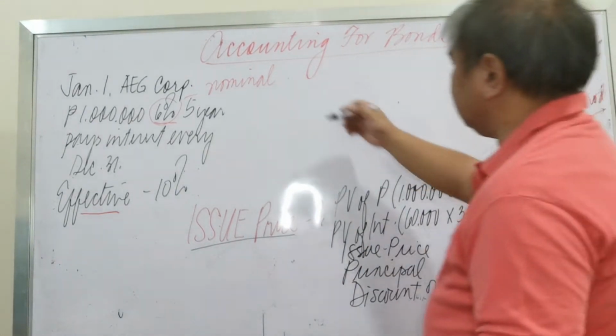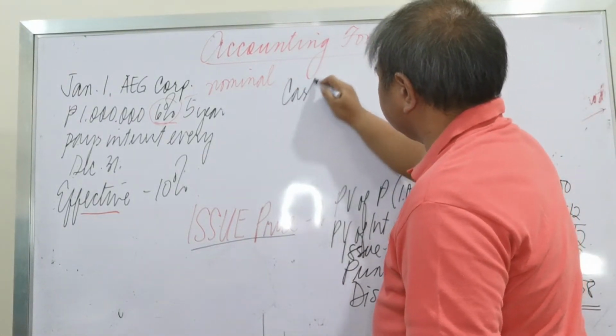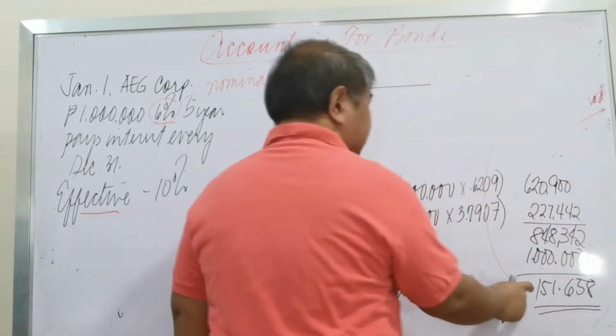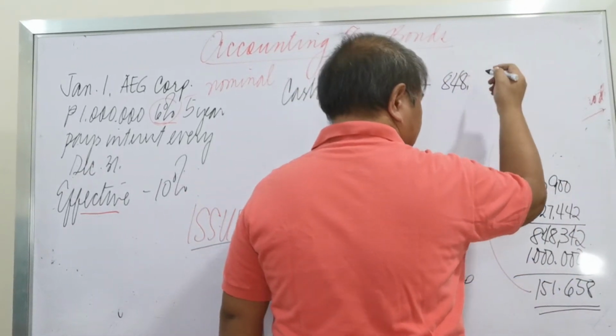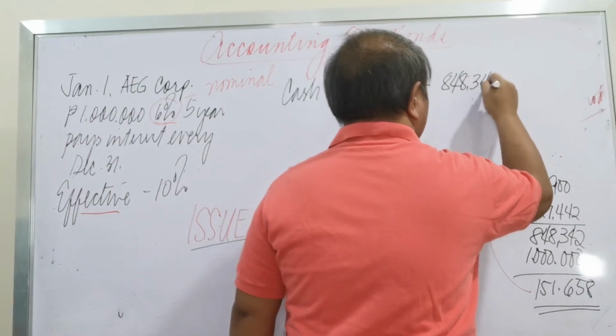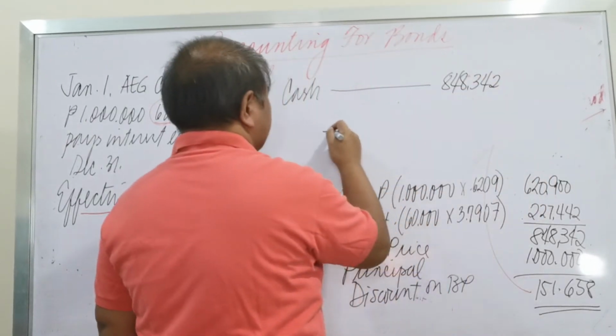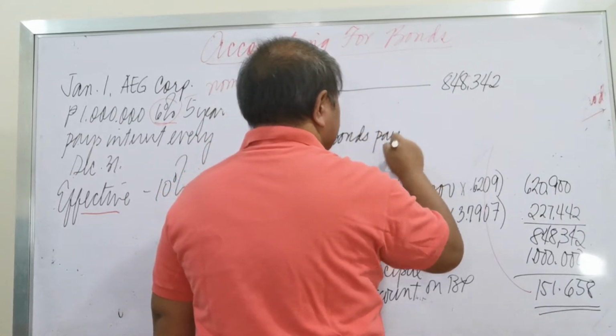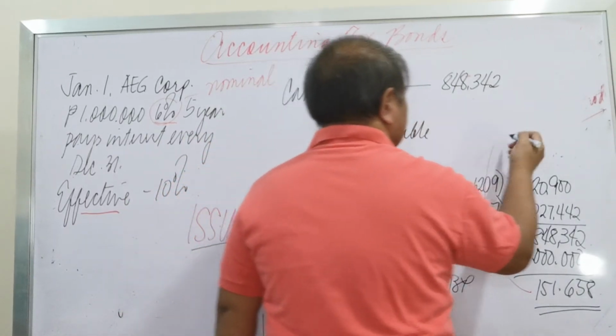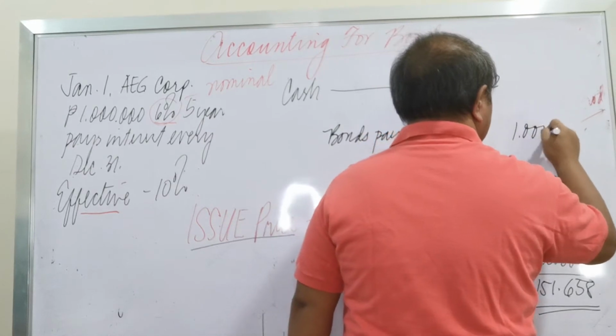Okay, so therefore, debit cash. How much is he going to receive? That's 848,342. And then credit your bonds payable for the principal amount of 1 million.